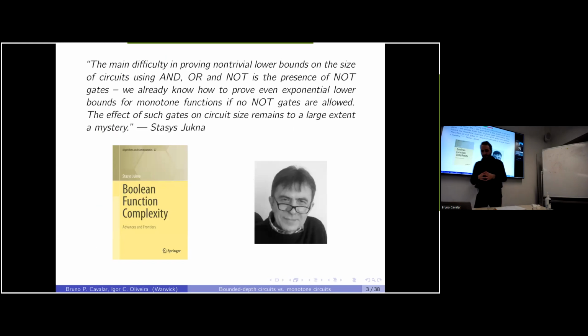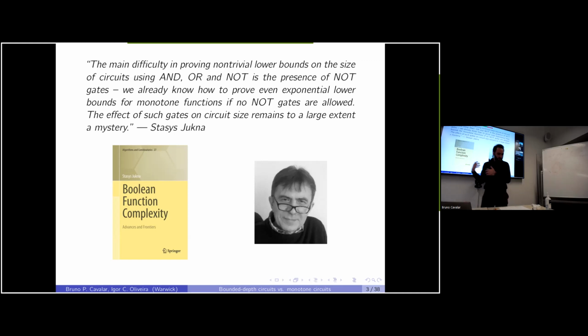One motivation for this work is trying to understand how much power having negation buys you over computing monotone Boolean functions. As Jukna puts it in his book, he believes that the main mystery that we need to resolve to be able to prove hardness results for computational problems is to understand what negations are doing.